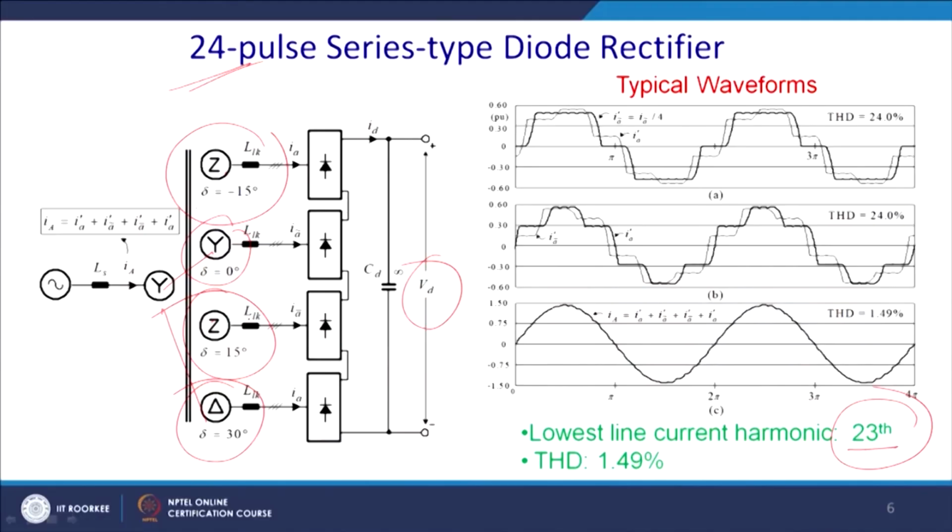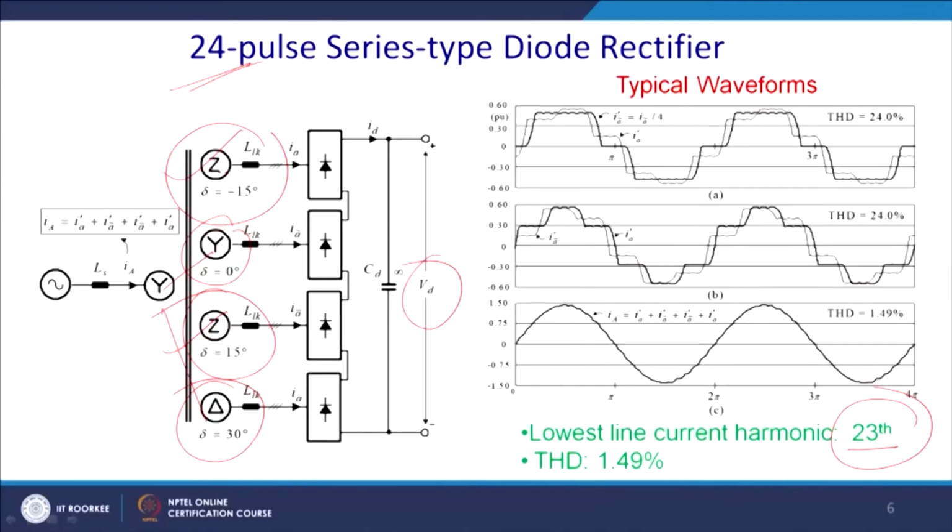You require a special transformer of plus and minus 15-degree phase shift, whereas in the case of the 18 pulse converter it is 20-degree phase shift. These are the special transformers you require to make, but in both cases you require two special transformers.